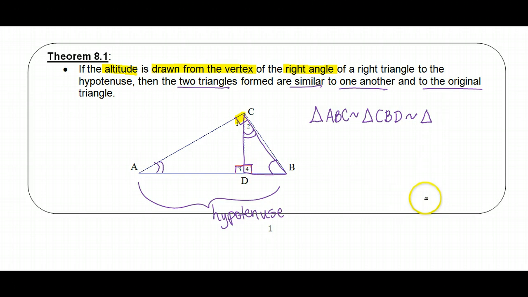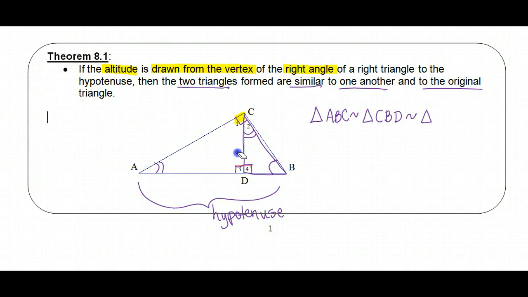Yeah, and it was like angle E and angle E. But you have to remember angle E is the same angle. Angle B, they both share. So they both have a right angle, and then they both share an angle. You see it now?